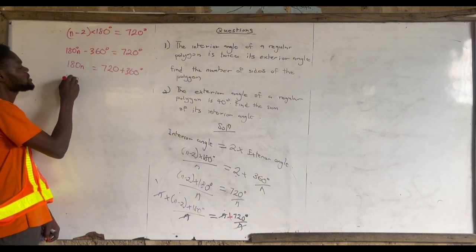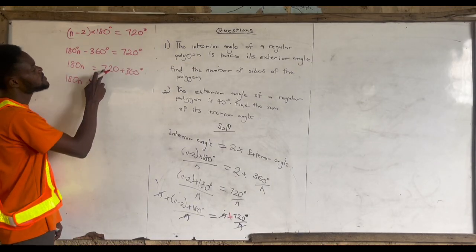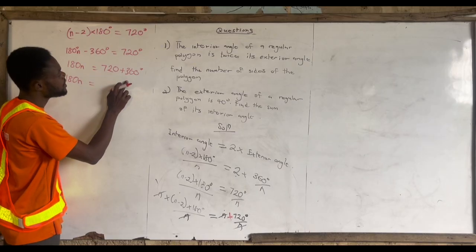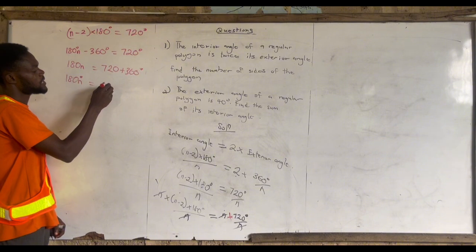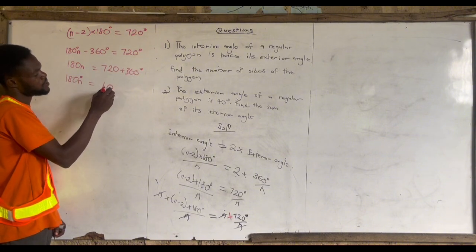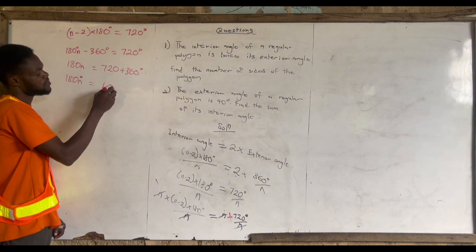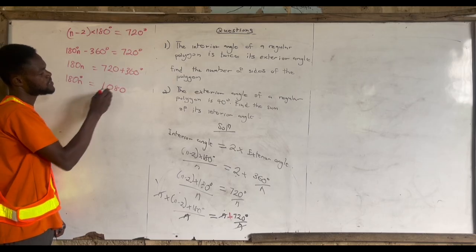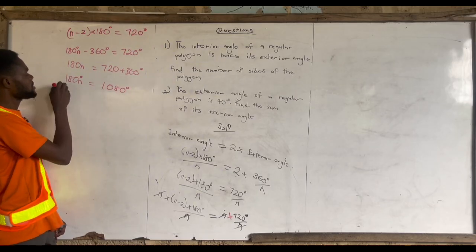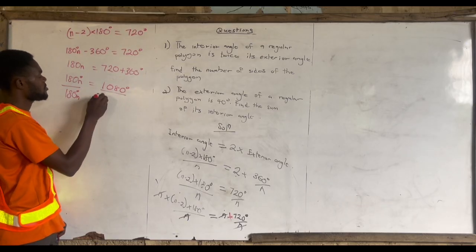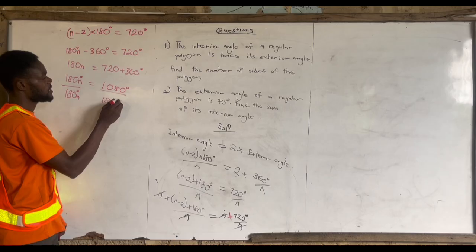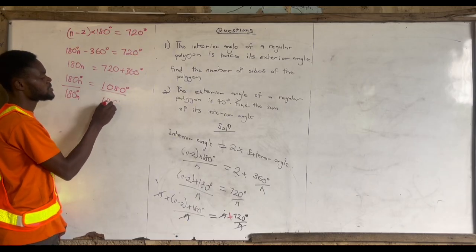So 180n is equal to 720 plus 360, which is equal to 1080 degrees.